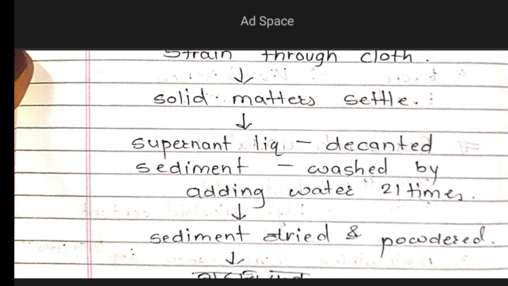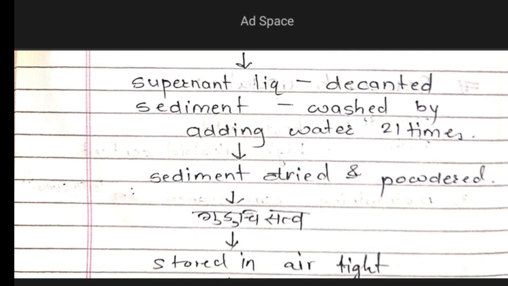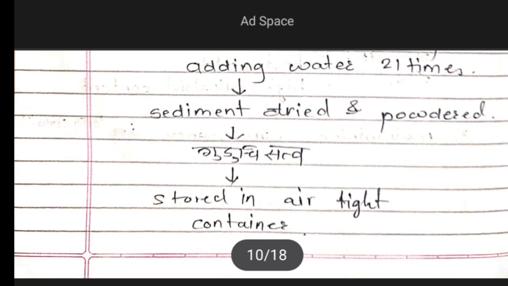The sediment is washed by adding water 21 times. The sediment is dried and powdered. Then it is called Guduchi Sattva. It is stored in an airtight container.